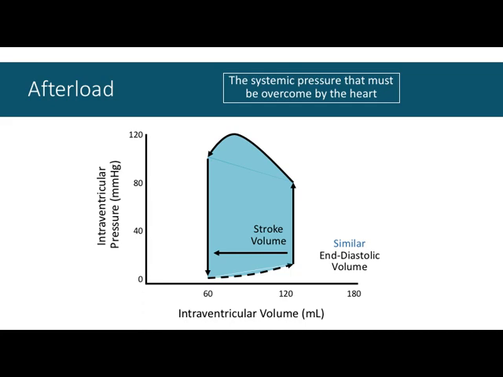In a situation where afterload is increased, the heart fills just fine. End diastolic volume is the same. But because the resting systemic pressure is higher, the period of isovolumetric contraction is longer. We need to reach a higher pressure in the ventricle before the aortic valve opens.